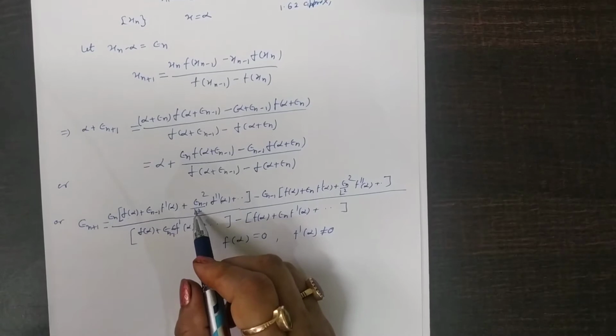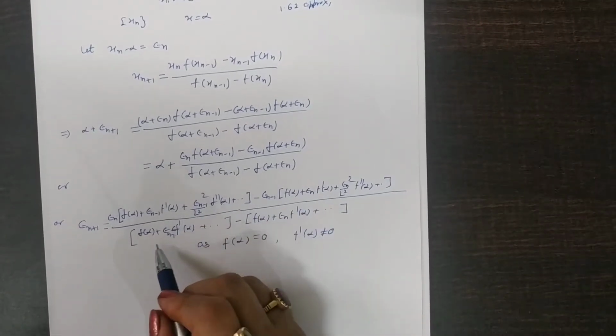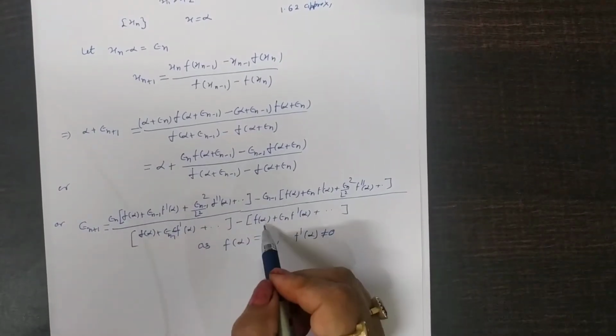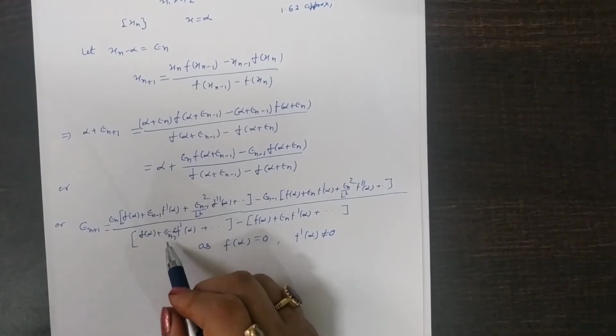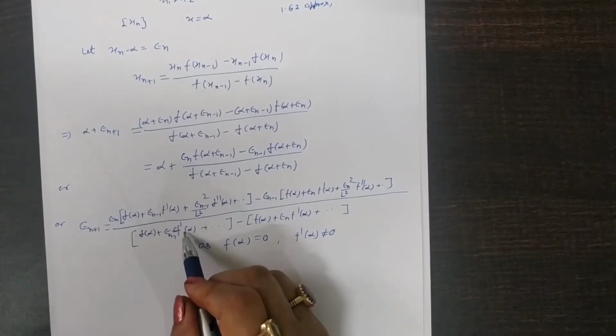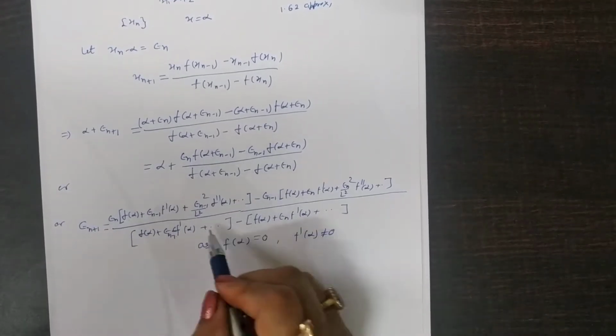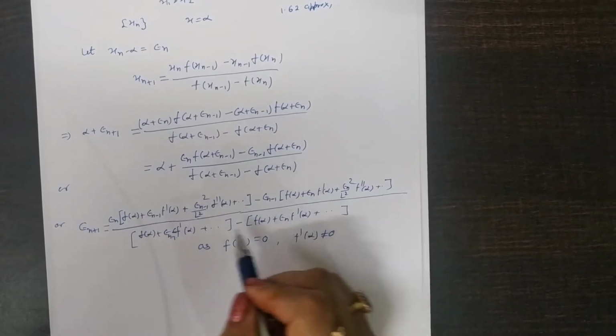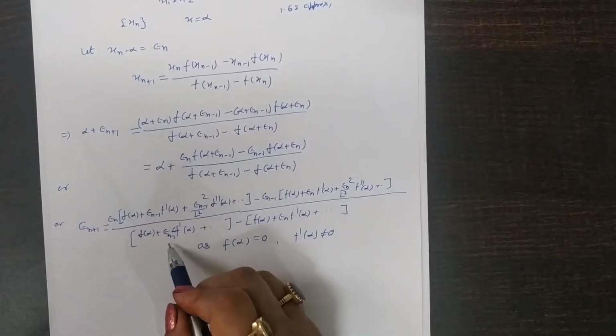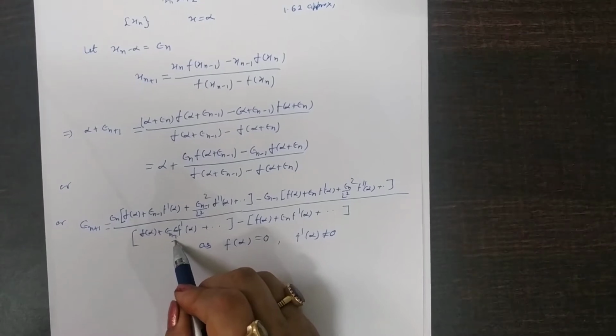In the denominator, f(alpha) is 0, so it becomes (epsilon(n-1) minus epsilon n) f'(alpha). Dividing the whole expression by epsilon(n-1), okay.